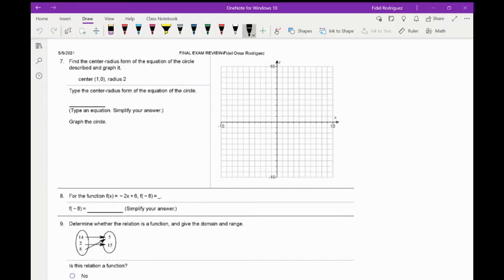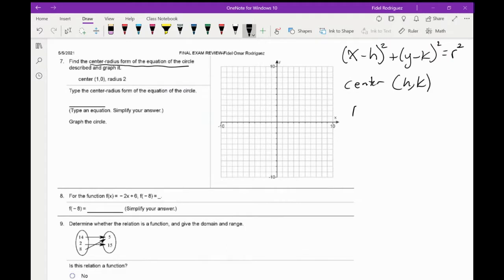When we're talking about the center radius form of the equation of a circle, it looks like this: (x minus h) squared plus (y minus k) squared equals r squared. The center of the circle is the point (h, k), and r is the radius.